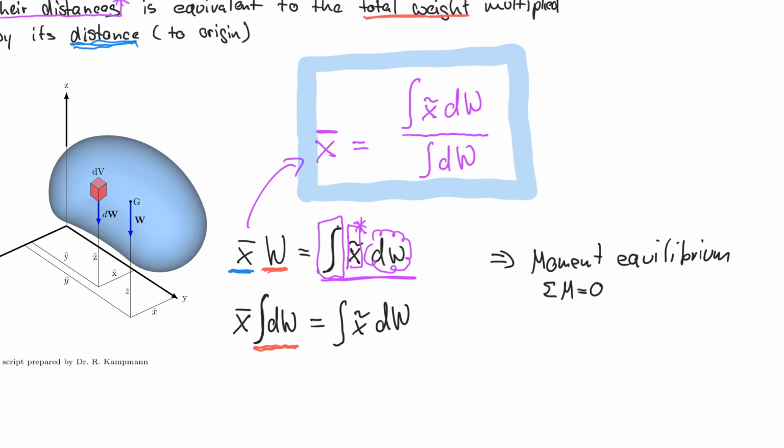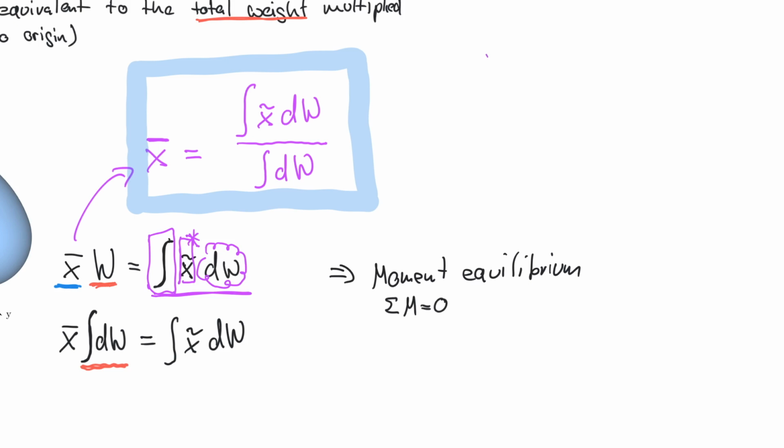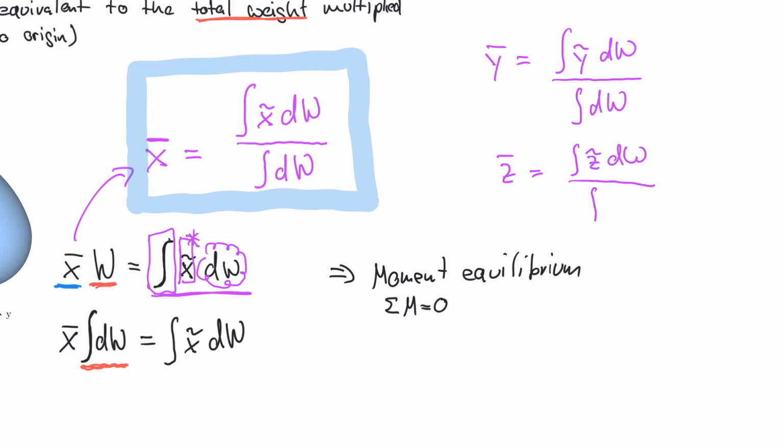To be complete here, let me clarify that I can also do this for all the other directions. So for the y bar, I would deal with the same formula, just with the integration of y tilde dw divided by the integration of dw. And for z bar, I would be interested in finding the integration of z tilde dw divided by the integration of all dw's.